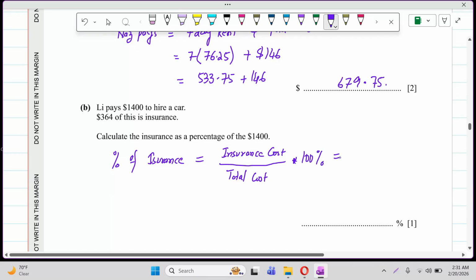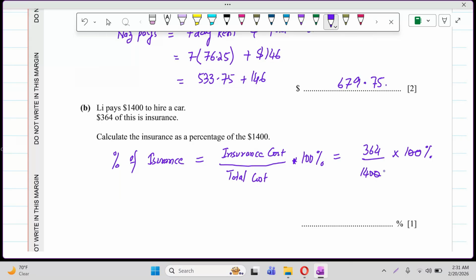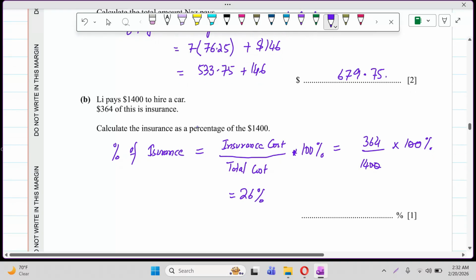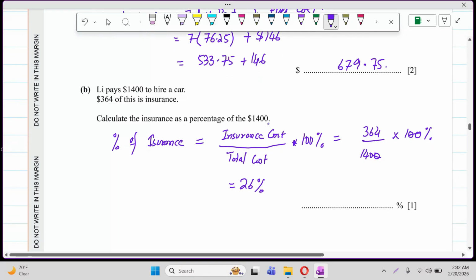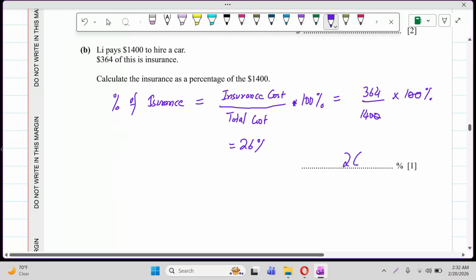Insurance cost is 364 over total cost, which is 1400, multiplied by 100%. So this 0 will be cancelled, and 364 over 14 is 26. So we can say that it is 26%. So the insurance percentage with respect to the total cost of 1400 is 26%.